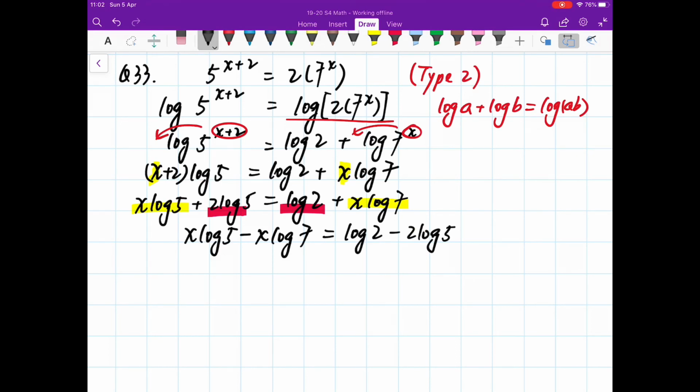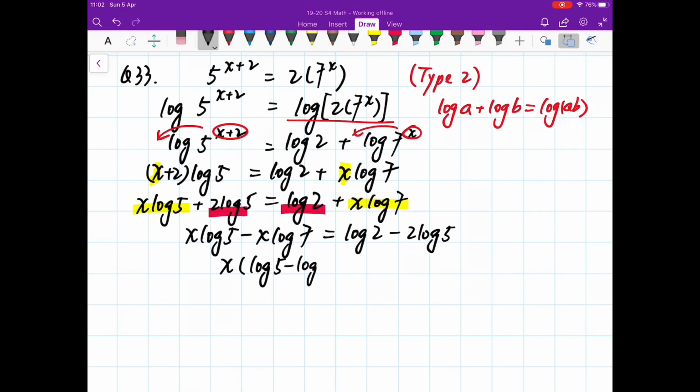Again, in this step, I'm just doing the grouping. And then, by taking out the common factor x, it will become x times log 5 minus log 7.